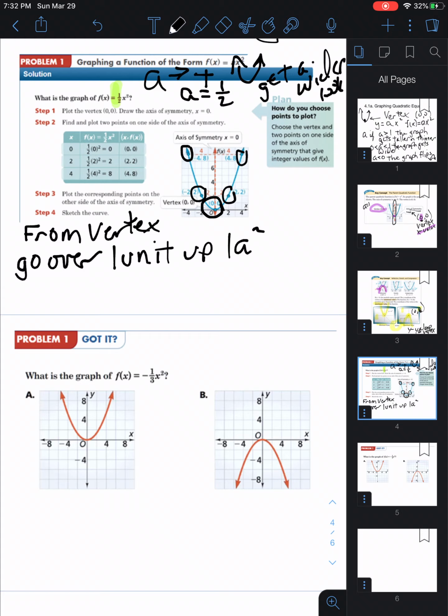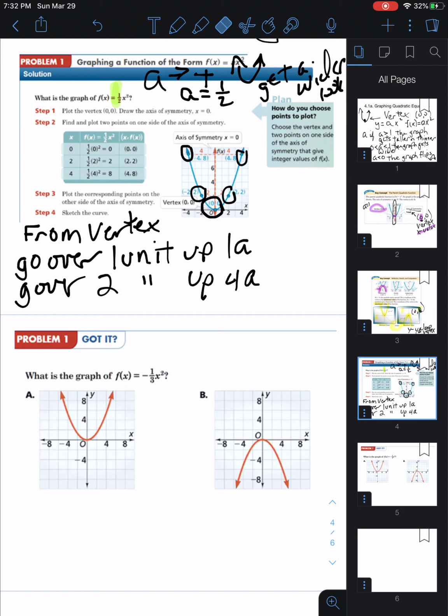So over 1, up 1, and go over 2 units, up 4a. You know what, I said a squared and I meant a. So a is 1, so over 1 up 1, over 2 up 4 times 1, so over 2 up 4.